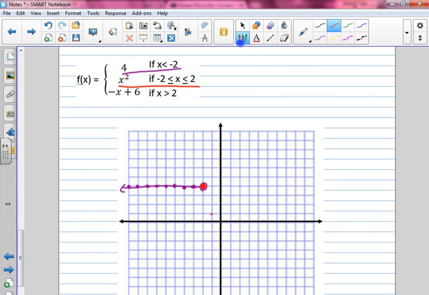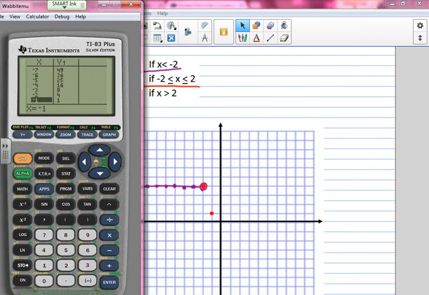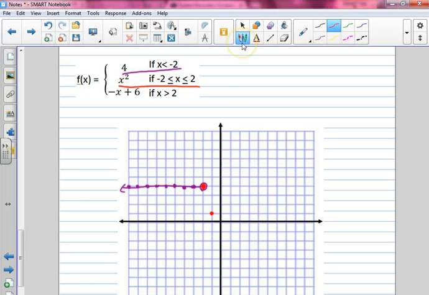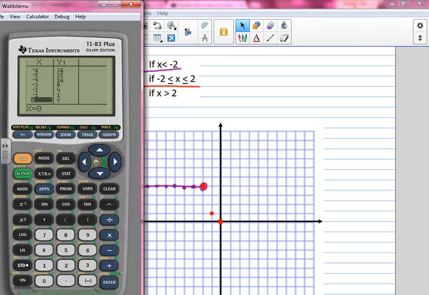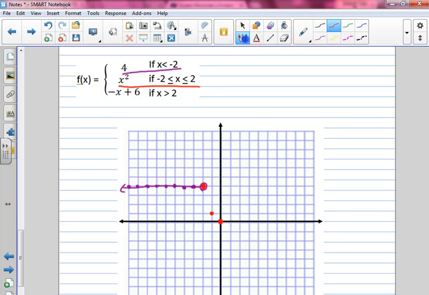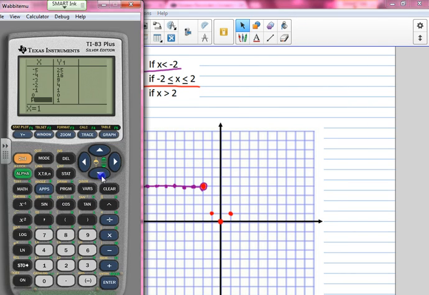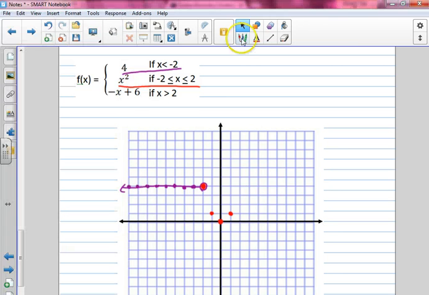Negative 1, 1. My next one is 0, 0. Next I have 1, so 1, 1. And lastly, I have 2, 4.